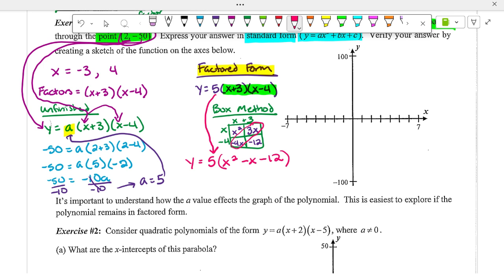So what would be my last step to get this in standard form? Distribute that 5. So my final standard form would be y is equal to 5x squared minus 5x minus 60. So that right there is my standard form.